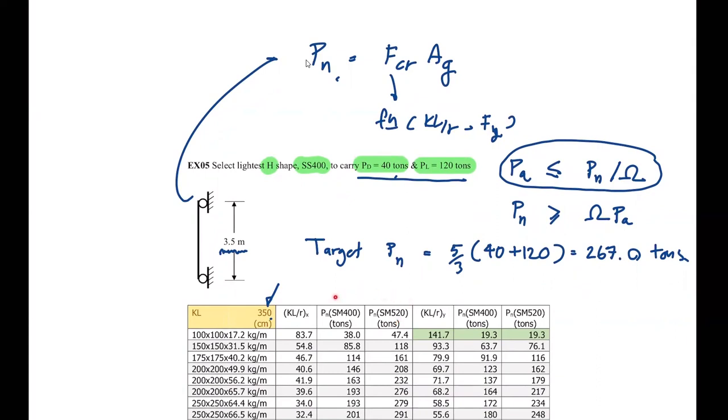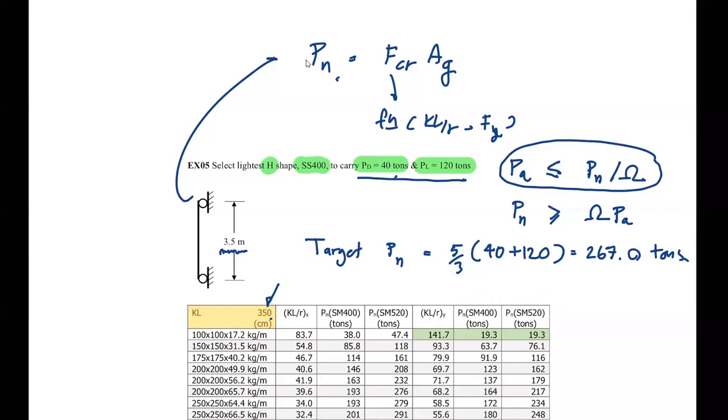This will be the strength based on KL over Rx. On the other hand, this will be the strength based on KL over Ry.